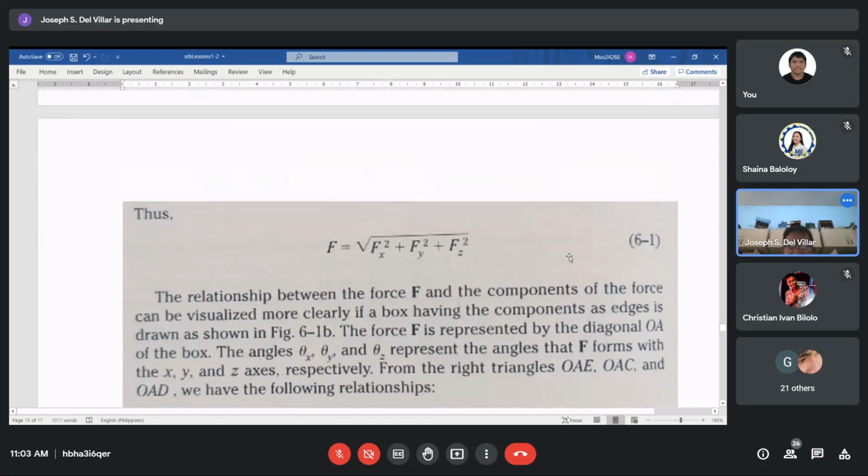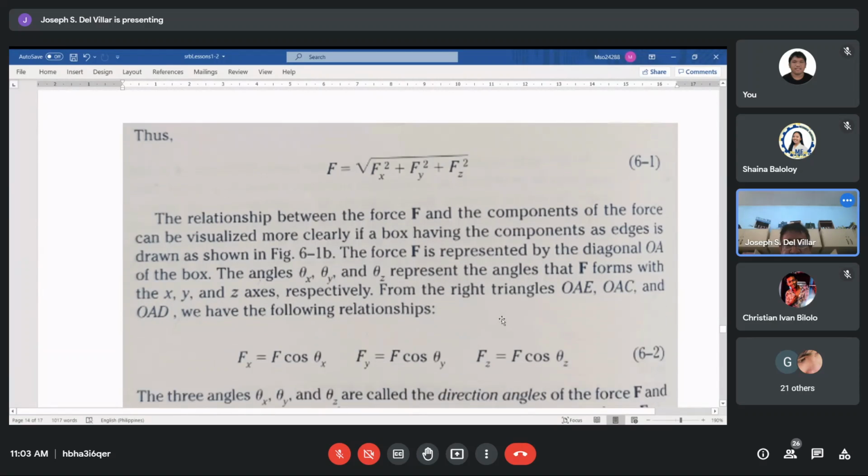Now, equation 6-1 is a modified Pythagorean theorem. Okay? So before, when we are still dealing with just two axes, we have square root of Fx squared plus Fy squared for the resultant. But now, since there is a new axis, so we need to add plus Fz squared, okay, to get the resultant or to get the given force F. So F is equal to the square root of the same principle except that nadagdagan lang ng Fz squared.